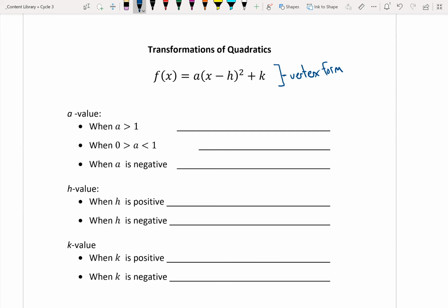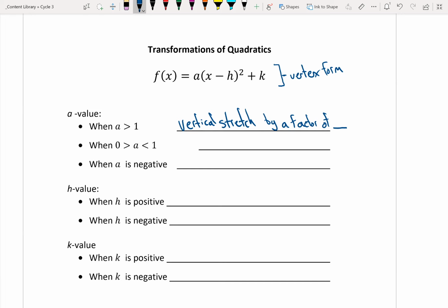So the a value, when it is a number that is greater than 1, whether it's positive or negative, means we have what we call a vertical stretch by a factor of whatever the a value happens to be. So a vertical stretch by a factor of, and we'll just put a blank.